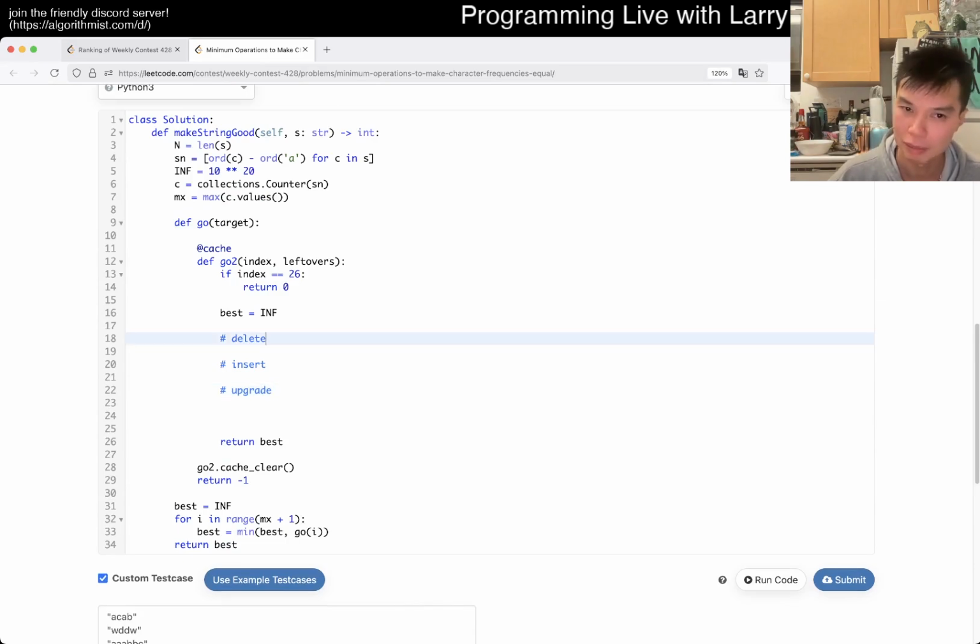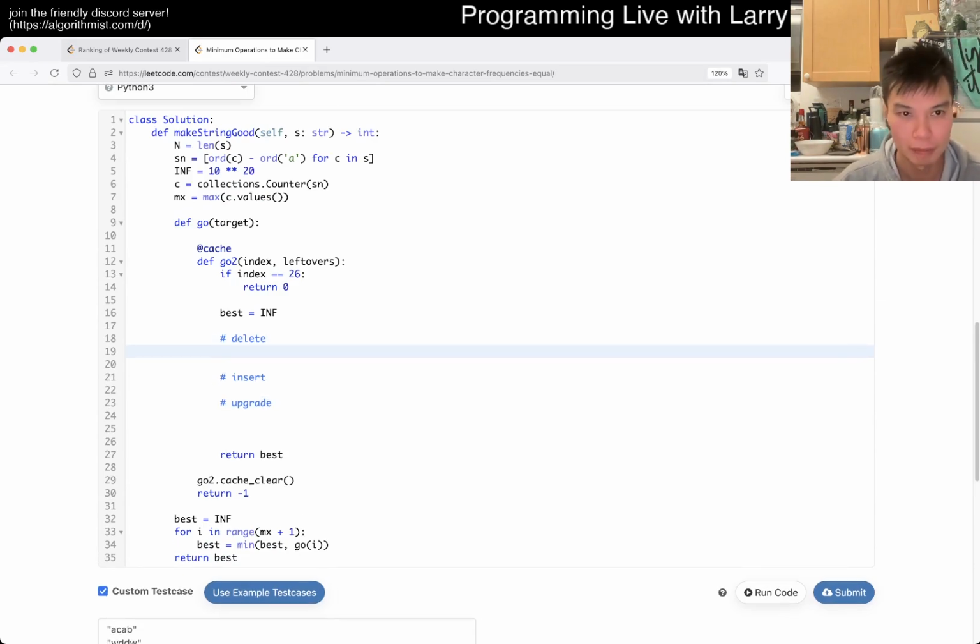So delete, what does that mean? So if C of index is, maybe I could convert this to an array as well, just because.